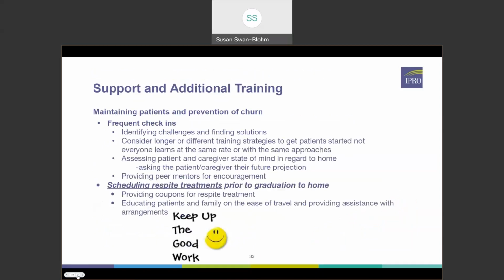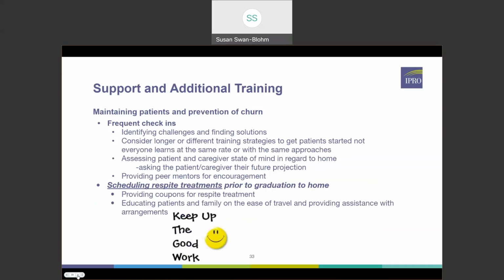Successful training and preventing loss of patients once they have transitioned to home is key to maintaining a successful home program. Alternative training strategies may be needed to account for differences in adult learning, and training days may need to be extended. Peer mentors may be used to provide encouragement and eliminate doubts and fears.